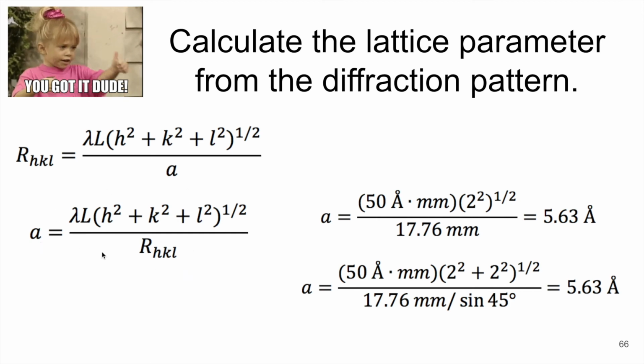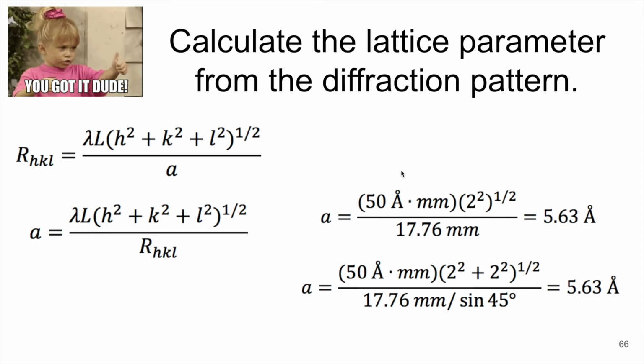So just a rearrangement. Then we plug in the camera constant. From the units, it looks like odd units, but keep in mind that the camera constant is your conversion between what you're seeing on your screen and what it is in reciprocal space.